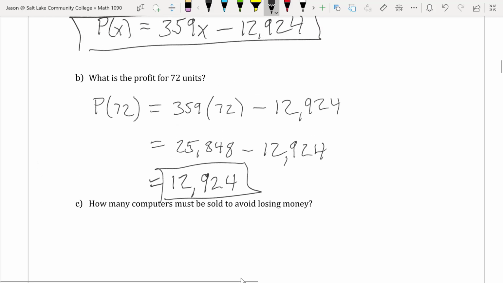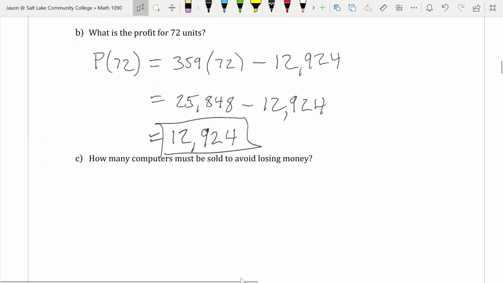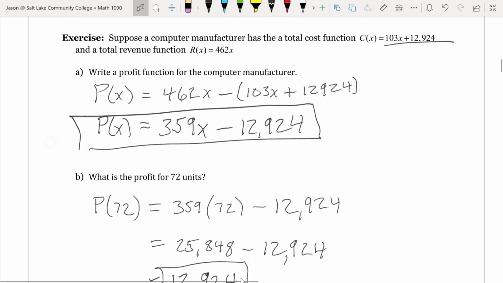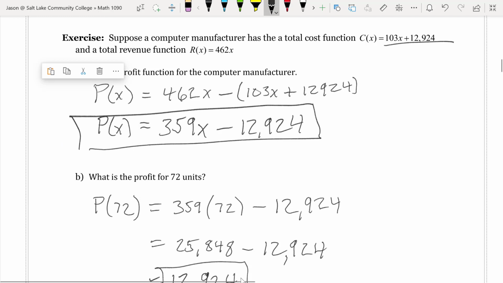Okay, how many computers must be sold to avoid losing money? This is again the idea of the break-even point. So we want to set the profit function equal to 0 and solve for x. So we want to set this function in the box here equal to 0, solve for x.